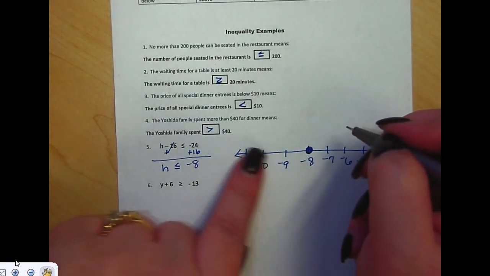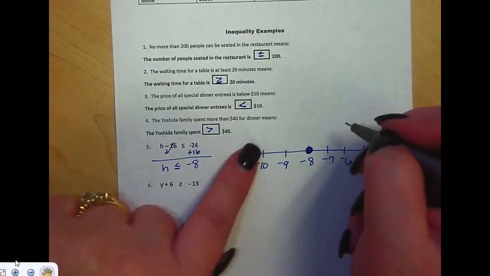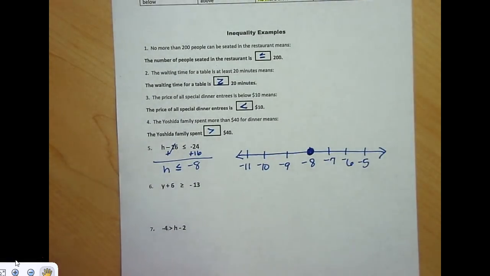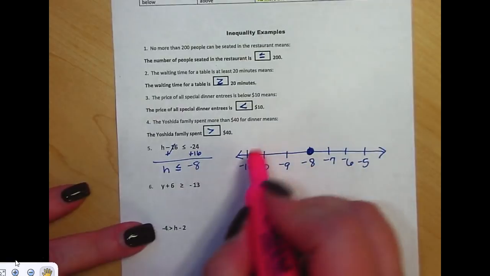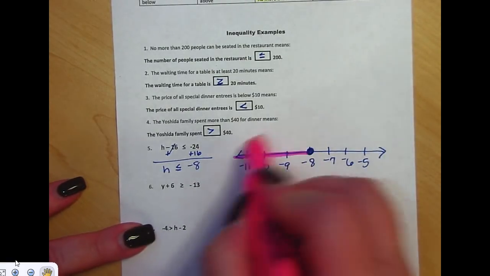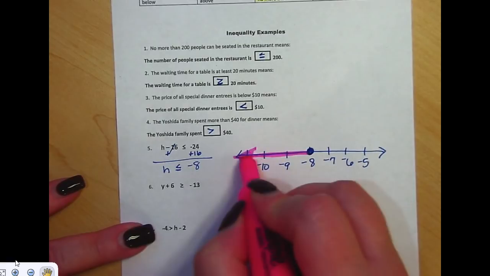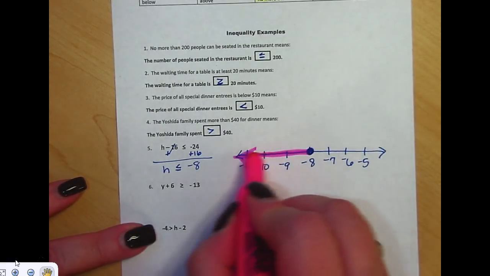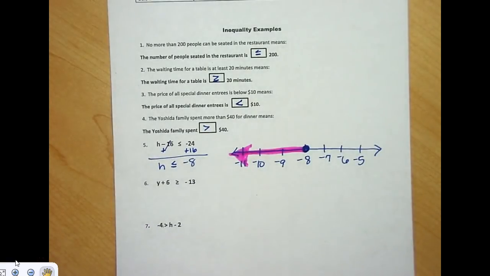And it needs to go in this direction. H has to be any number less than or equal to negative 8. I'm just going to use a highlighter so that you can see it a little better. Goes in that direction. All right, any questions on that one? Okay, let's try the next one.